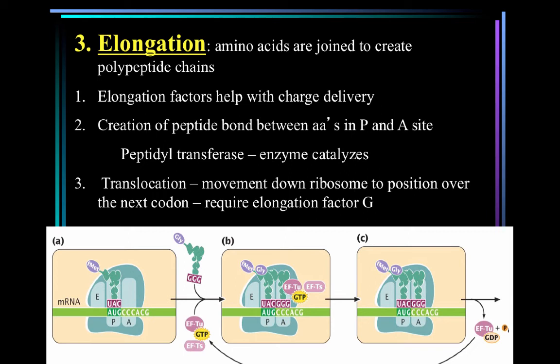So it's actually going to be creating that peptide bond. And then once that bond has been created, translocation takes place. So the ribosome is going to move down the mRNA strand to the next codon position, and that is going to require the elongation factor G to be in place to help with that process.